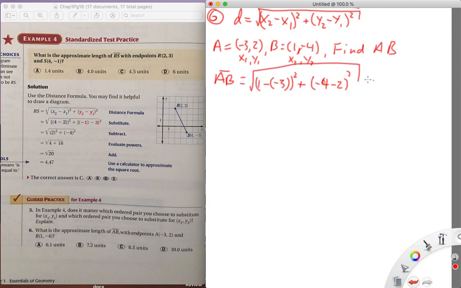That's going to give me 1 plus 3, which is 4 squared. -4 minus 2 is -6 squared, which is going to give me 16 plus 36, which gives me 52.